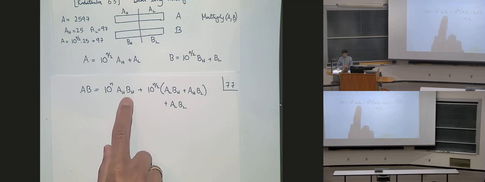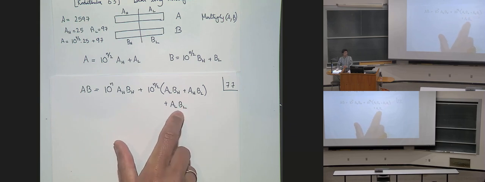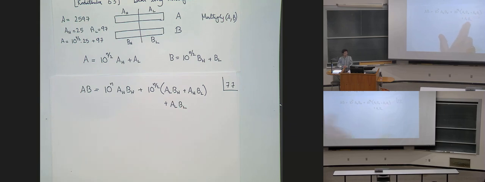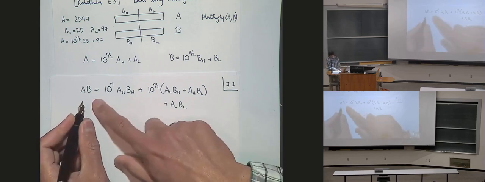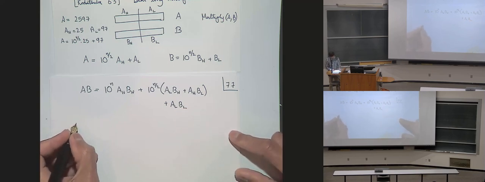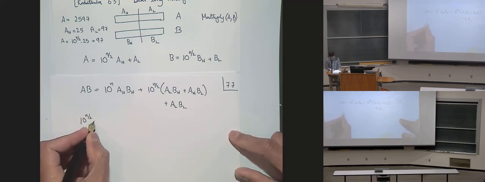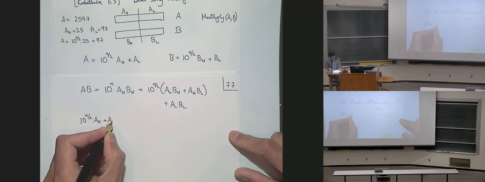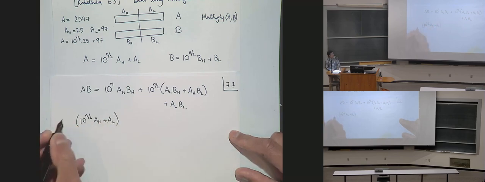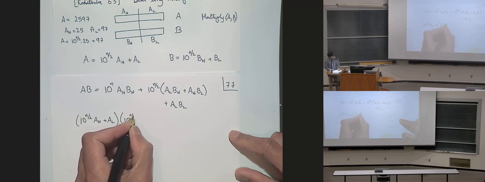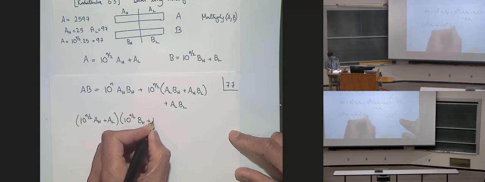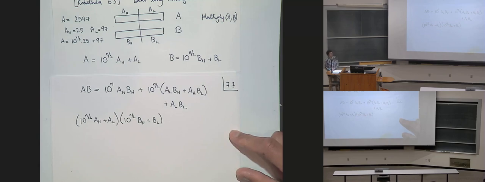Right? Because you have to multiply this, this, this, and this. Yeah? This thing. So it's 10 to the n over 2 AH plus AL. That's what A is. Times 10 to the n over 2 BH plus BL.